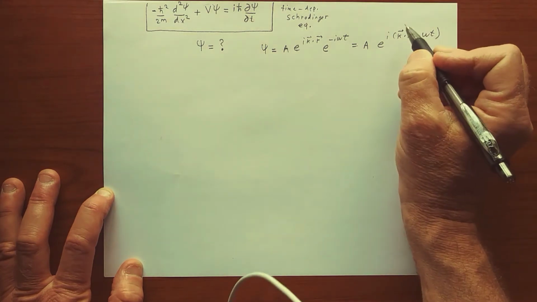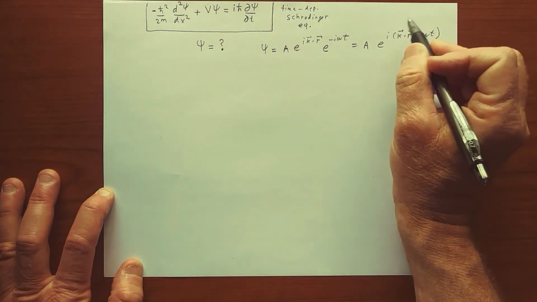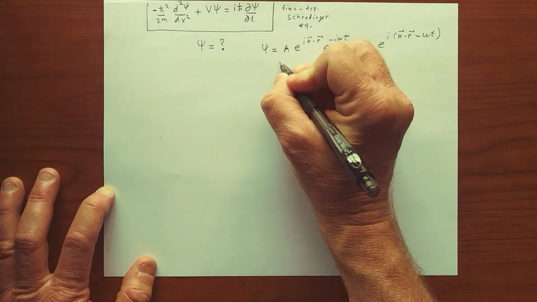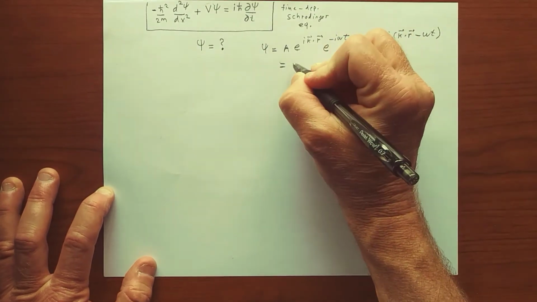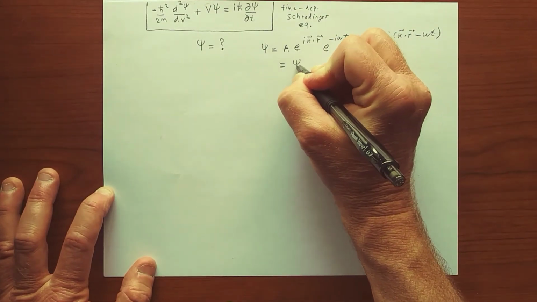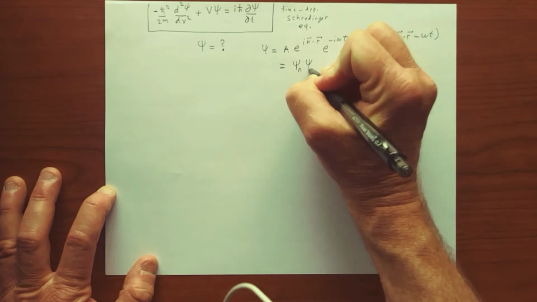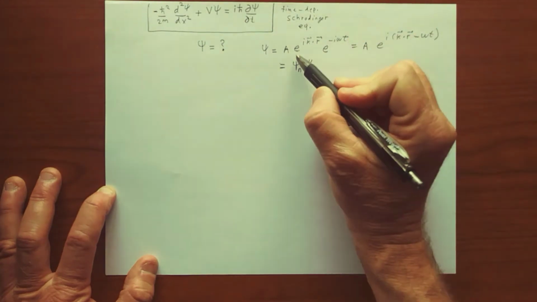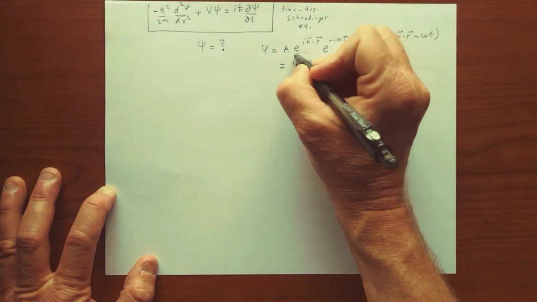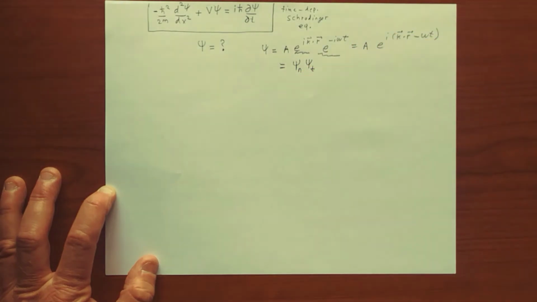But the point was that when we had a function like this, it can be written as, let's say, a part that involves space, let's call it psi n for reasons that we'll see in a bit, and a time part. So this is the psi n part, and this is the psi t part.